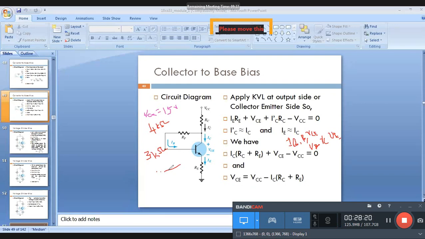To find IB, beta, VCE, VB, VC, and VE. Clear? Now you have to solve this problem.